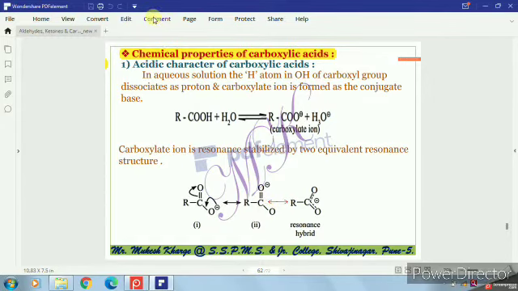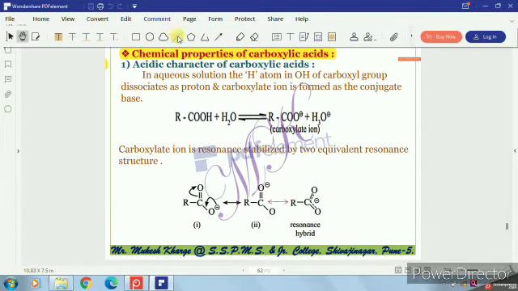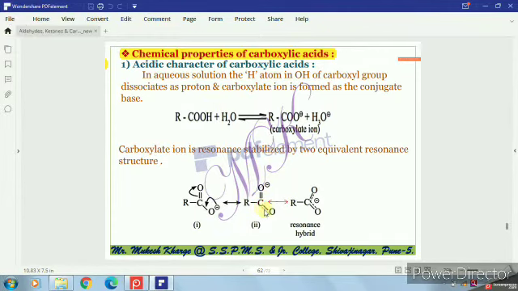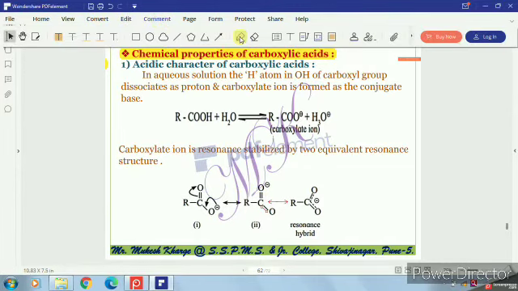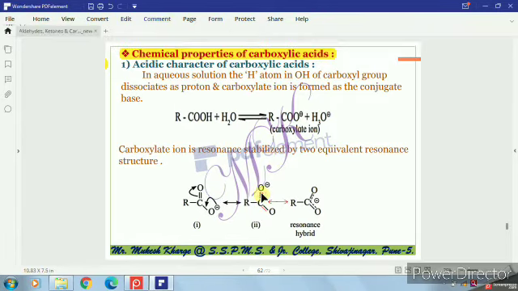In this structure, to place the negative charge, here you have to place a double bond with this oxygen, and here there is a single bond between that carbon and oxygen.